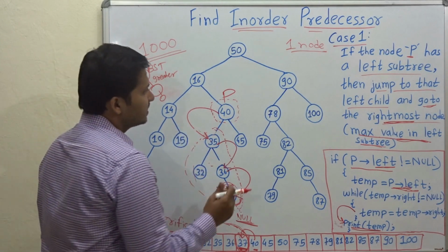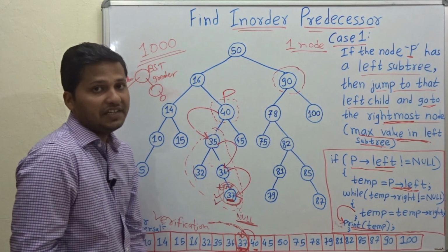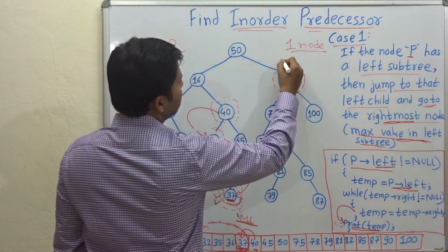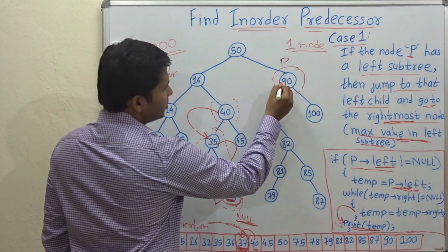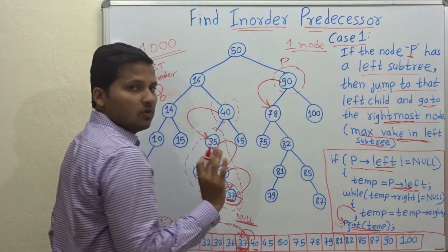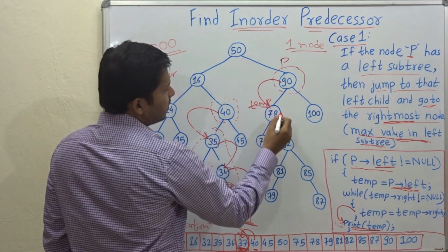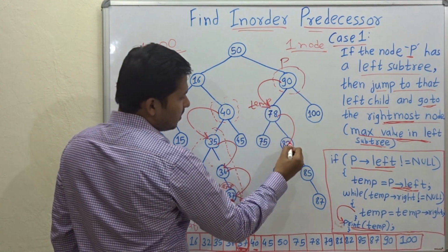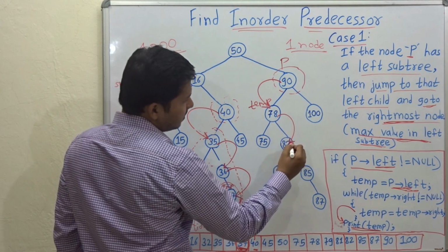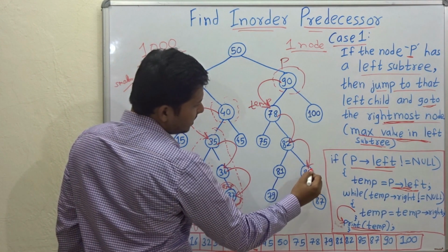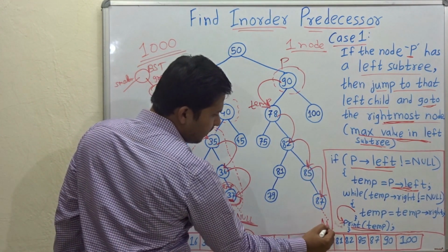Let's take another example. Suppose I want to find out the in-order predecessor for 90. So this is p now. Okay, so see here, first jump to the left child. Okay, so we have jumped to the left child. Now this is temp. Now go to the right till we get null. So this is the first right, then this is the second right, third right, but for this node the right side is null.